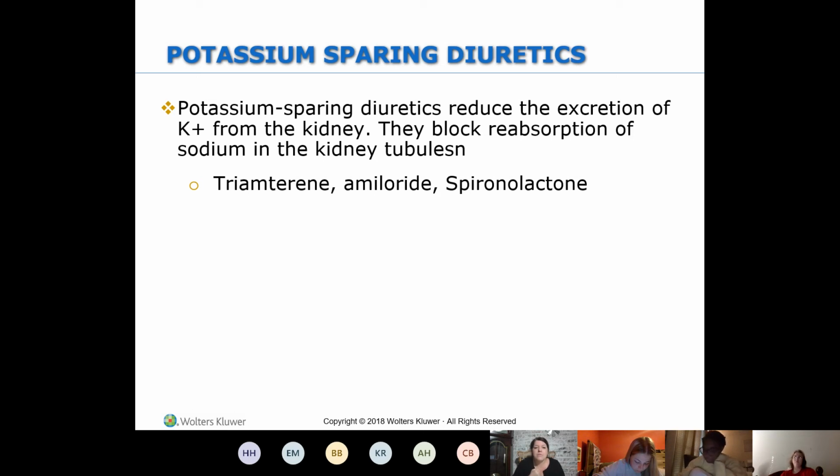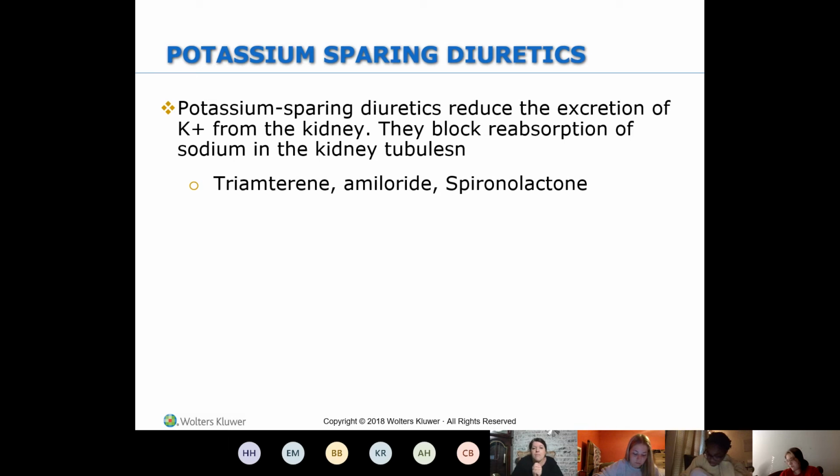Potassium sparing diuretics reduce the excretion of potassium from the kidneys, and they block the reabsorption of sodium in the kidney tubules. So they are still interfering with that sodium reabsorption, but they're specifically reducing the excretion of potassium. They're saving it. They're reaching out and saying, nope, you're not going with. You're staying right here in the blood.